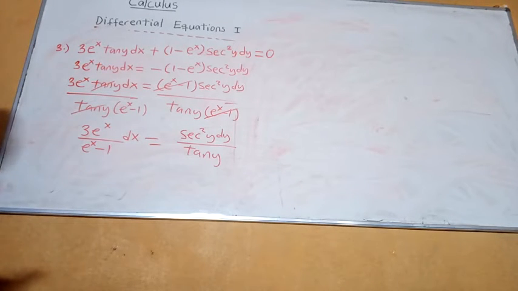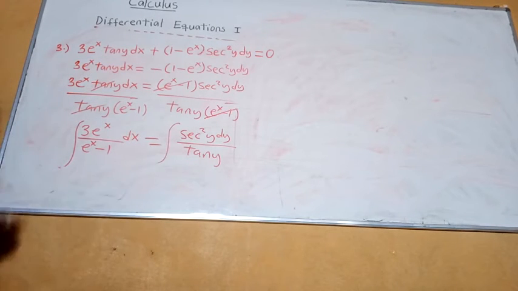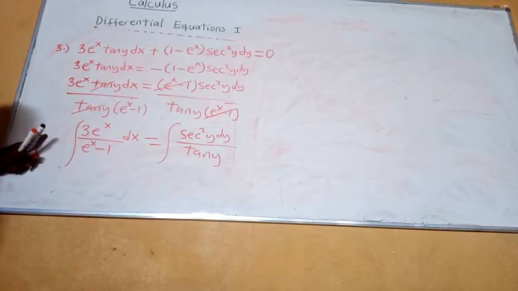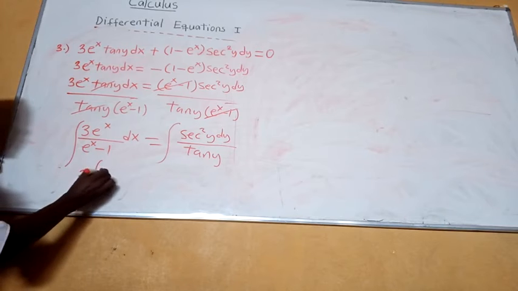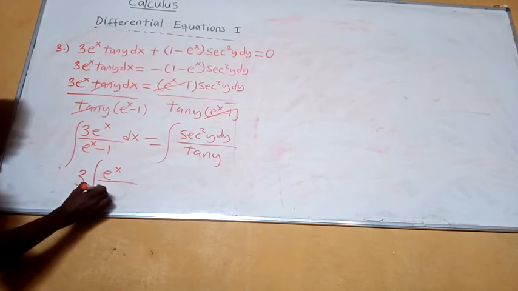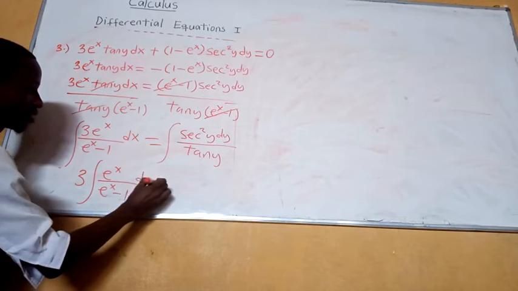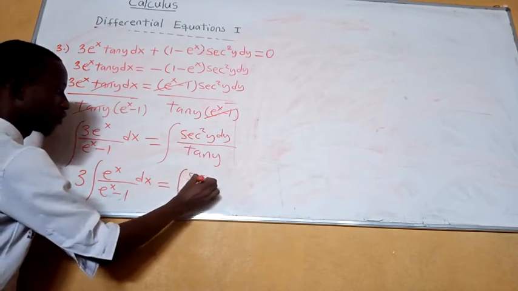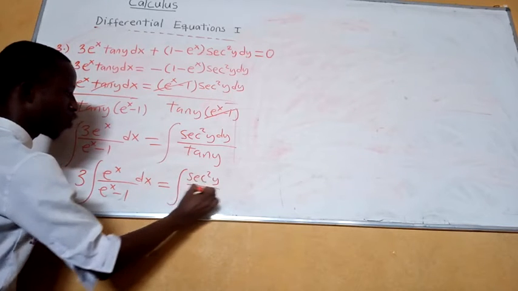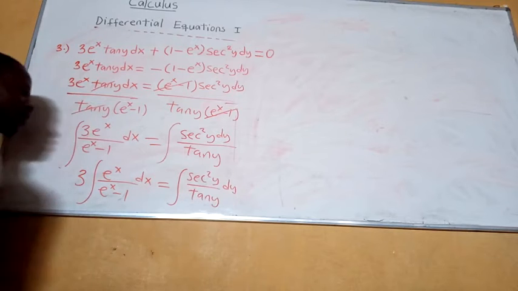We can now take the integral of both sides. Taking the integral on the left hand side and on the right hand side, we can see that 3 is a constant, so we can bring 3 outside the integral. So we have 3 times the integral of e^x over e^x minus 1 dx equal to the integral of secant square of y over tangent of y dy.